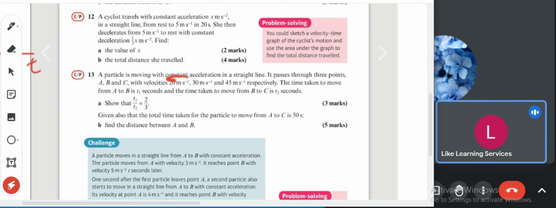Always remember when it says constant acceleration, it's the same acceleration all through. So that's T1 over T2 is 2 over 3. So don't you just find T1? How do you find T1?